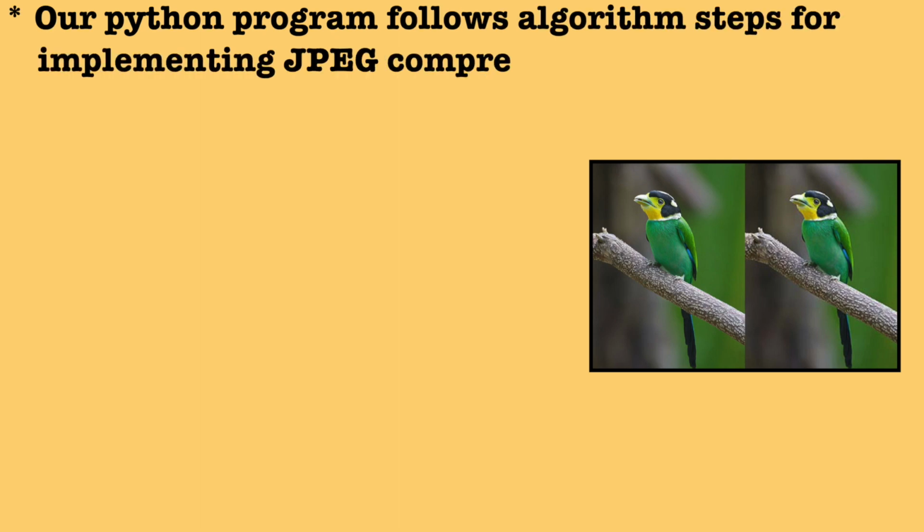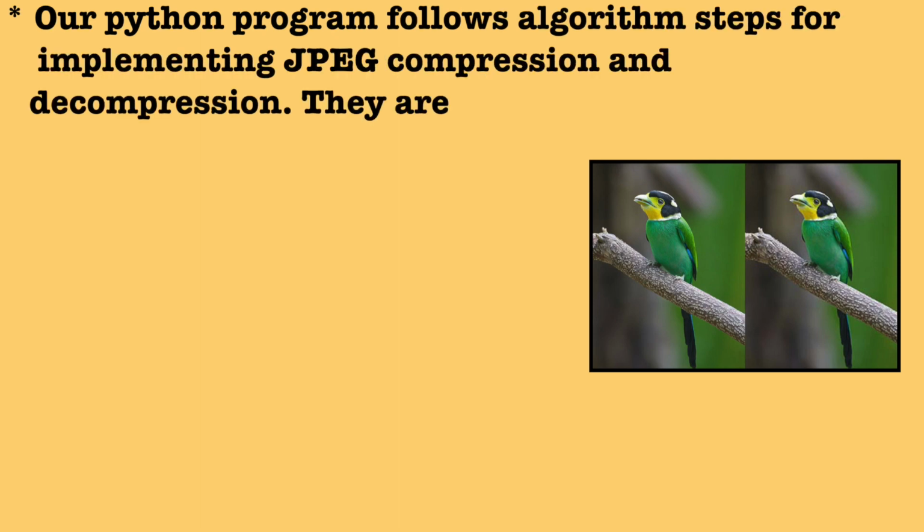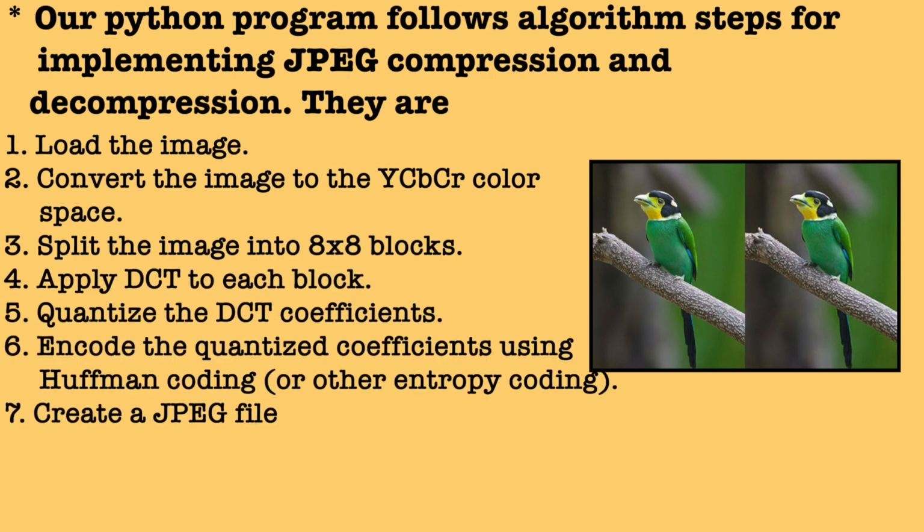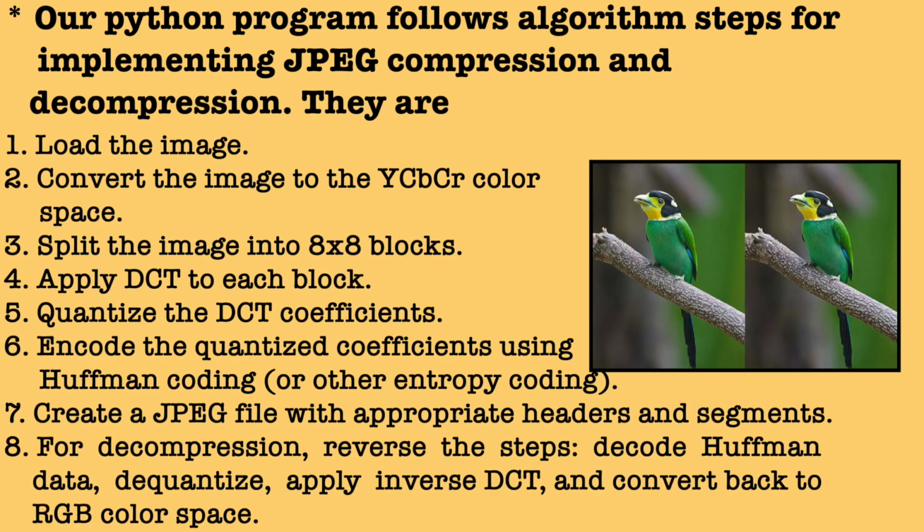Now we will start to implement the JPEG compression algorithm for images. Our Python program follows these steps for implementing the JPEG algorithm. First, load the image; second, convert the image to the YCbCr color space; third, split the image into 8x8 blocks; fourth, apply DCT to each block; fifth, quantize the DCT coefficients.